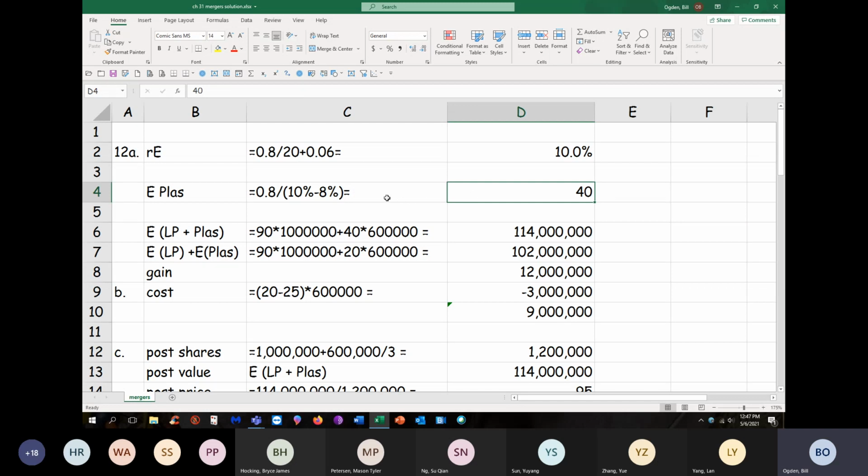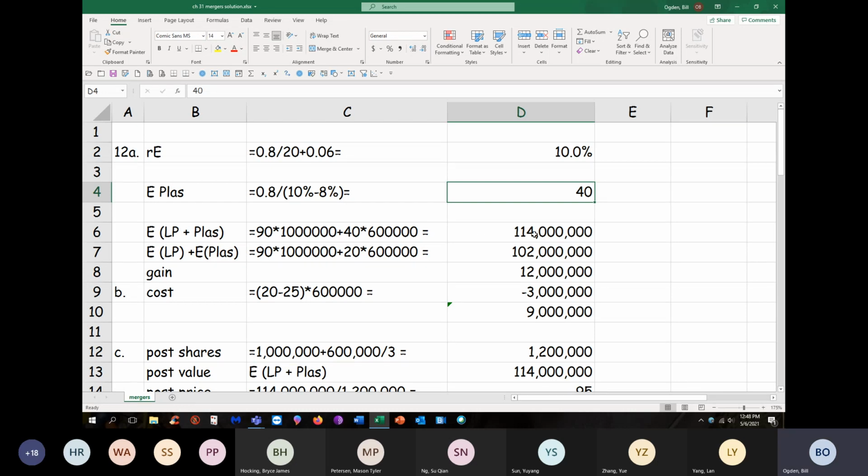All right, so then we answer the questions. What's the merged value? That would be 114 million. So we have $90 per share times a million shares plus $40 per share. That's what LP thinks that PLAS is worth.